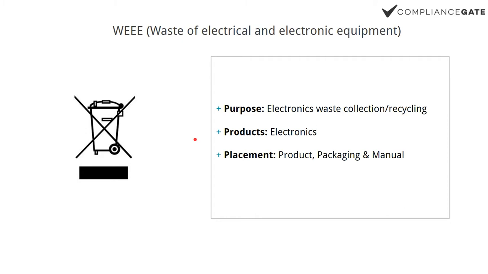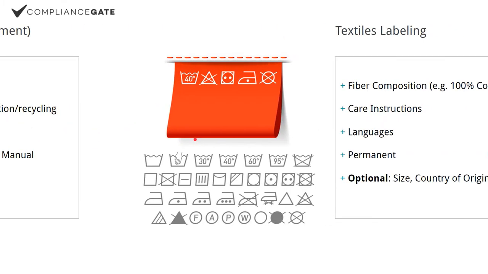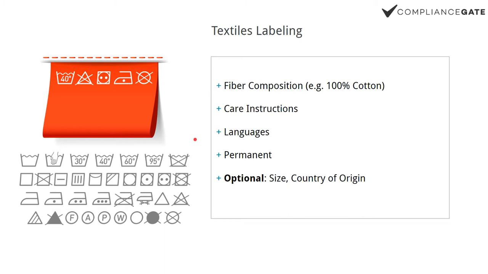The WEEE regulation as a whole is primarily about national electronics waste collection and recycling schemes in the various EU member states. But labeling is mandatory for electronics. So that's number 2.